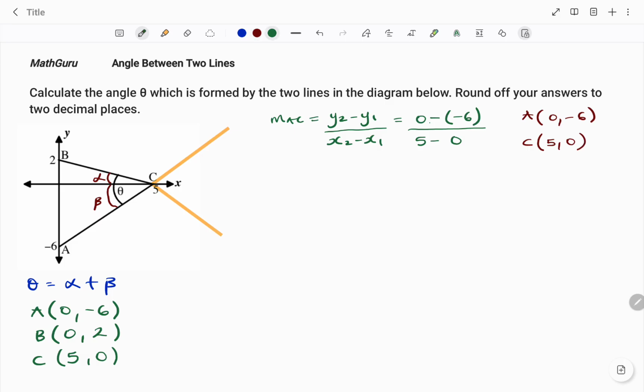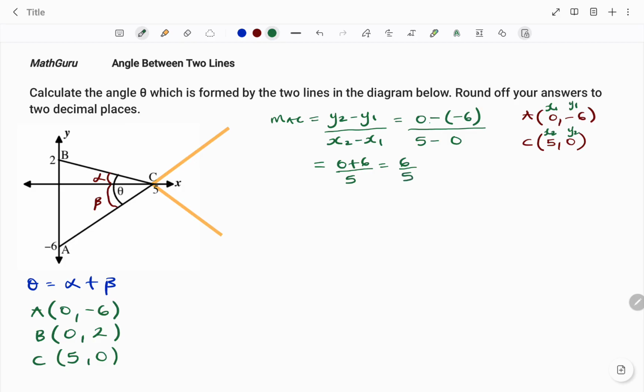Tagging my points, I have x1, y1, x2, y2. So I've been able to substitute accordingly, and that will give me MAC equals 0 plus 6 over 5, which is a positive gradient, 6 over 5.